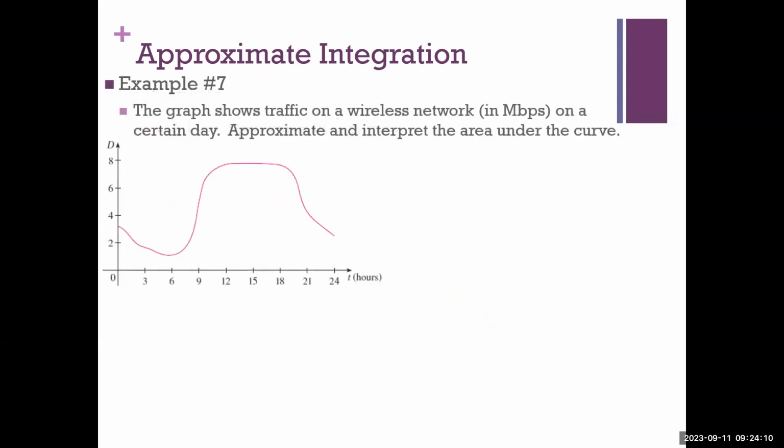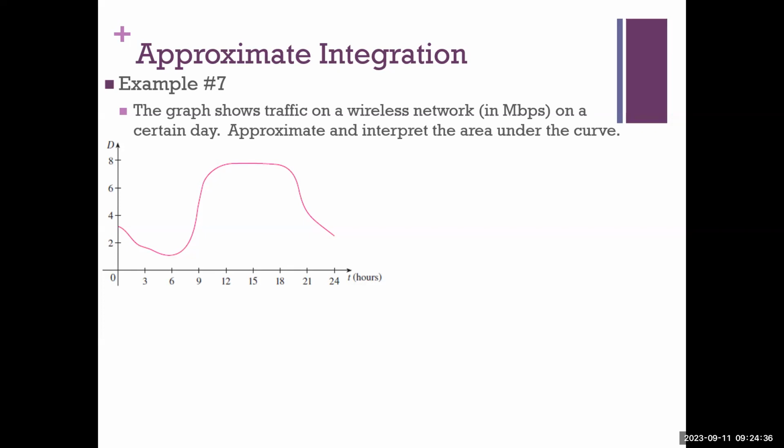I got one more thing here. I think I'm gonna leave that one. Actually, let's talk about it a little bit. Let's not do the whole thing, but let's talk about how this is done. So basically this graph shows us a rate of change.